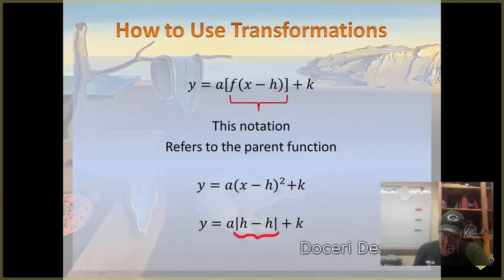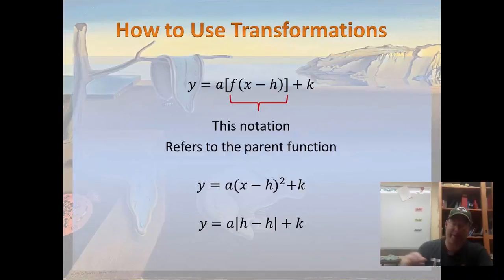Those lines there tell you that it's an absolute value. So that's where you start. You look at it and you figure out, okay, what's the parent function? In the first example it's x squared. What do we do with it from there? In the second example it's absolute value. What do we do from that point?